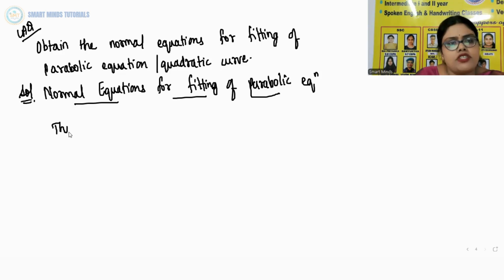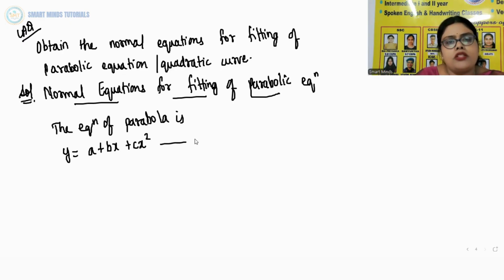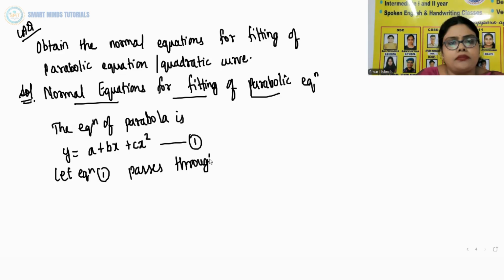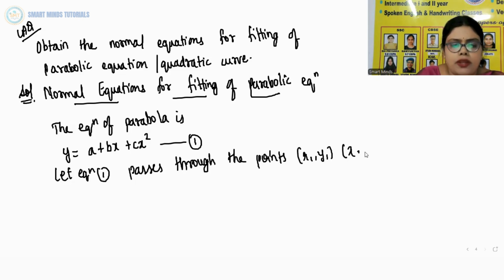So what is the equation of a parabola? The equation of a parabola is y = a + bx + cx². This is also the equation of a quadratic curve. Now let equation number 1 pass through the points (x1, y1), (x2, y2), and so on up to (xn, yn).